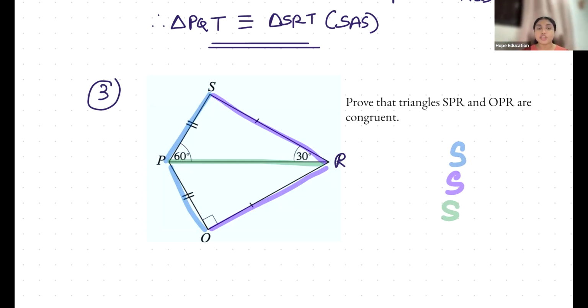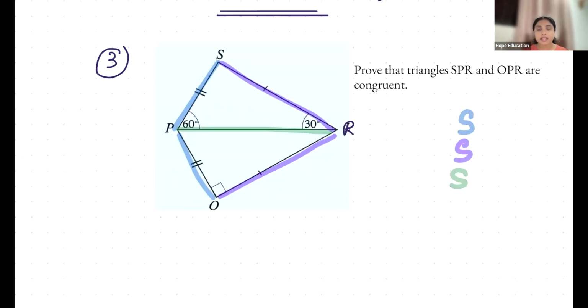First of all, I'm going to check if this is 90 degrees. So inside this PSR triangle, I'm going to add the interior angles. One interior angle is PSR, plus another one is this, which is PRS, plus another one is SPR.